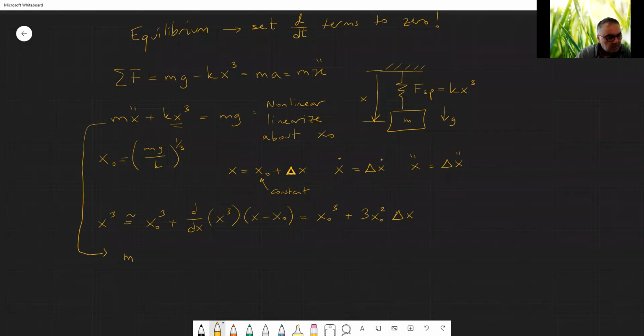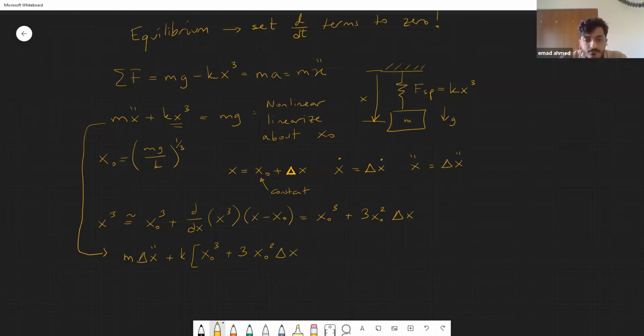And instead of x, we will use delta x now. So change variables: m x double dot plus k times x cubed, which is this, x0 cubed plus. Hocam? Yes. Sorry to interrupt, Hocam, but the d over dx of x cubed, shouldn't it be at x0?